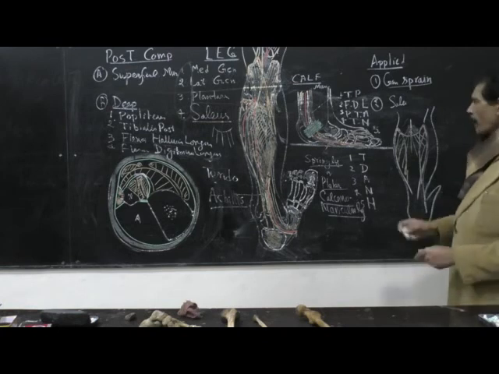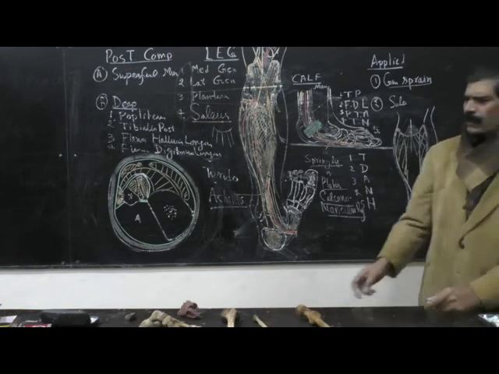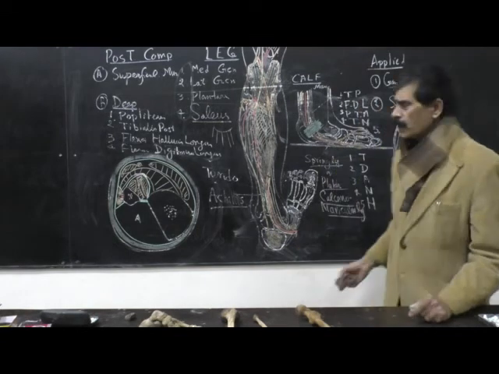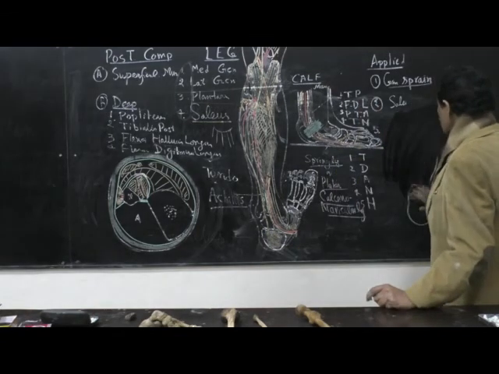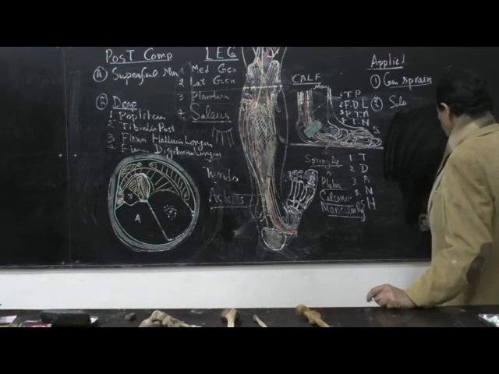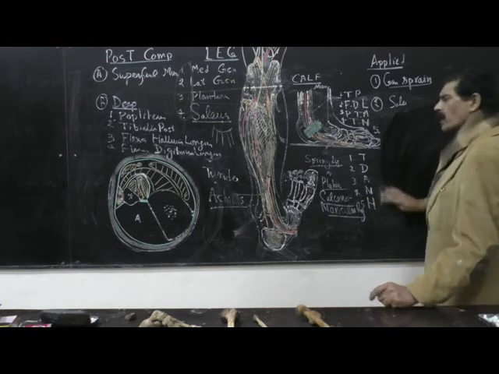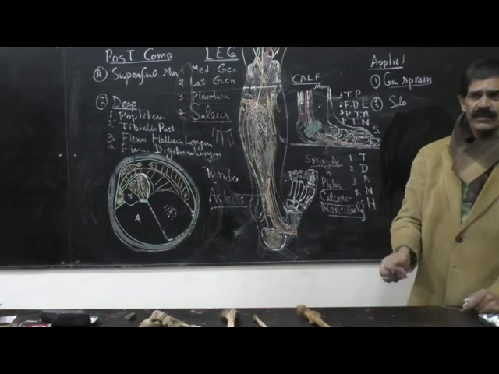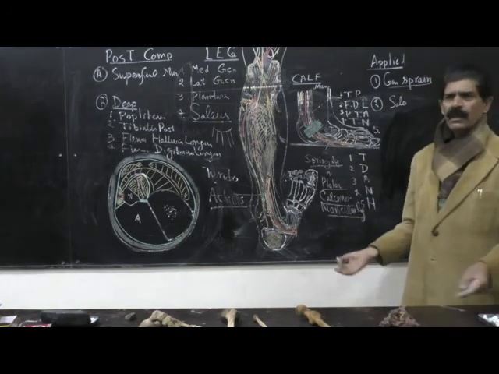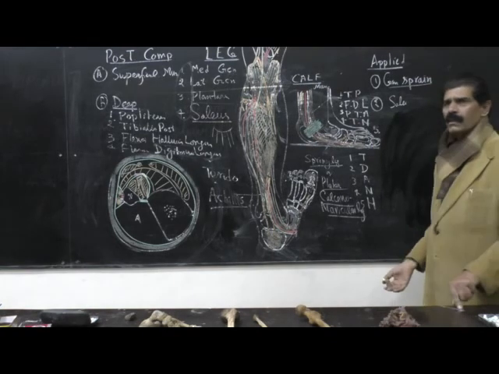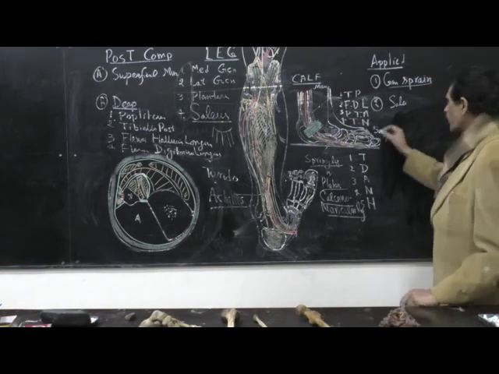So that is the cosmetic point of the soleus muscle. Especially it is done in Chinese and Japanese women. This operation is very popular in these countries because they have short stature, and it leads to very ugly looking calf muscles in them.